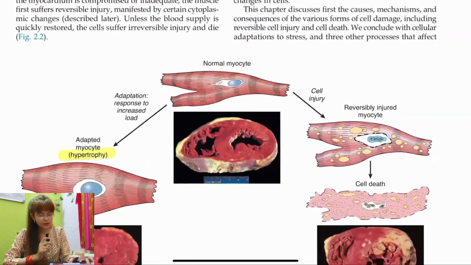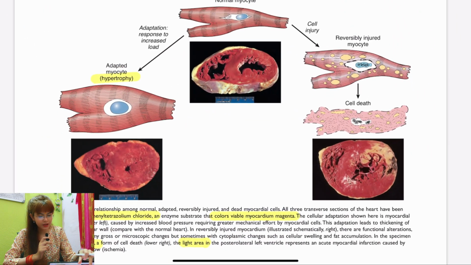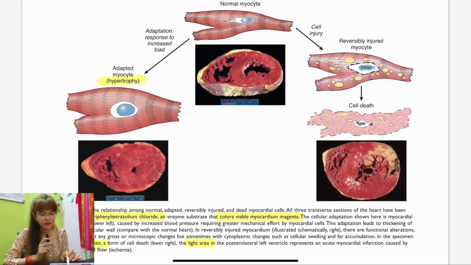If you see this diagram, you will understand that when there is an adaptation, the cell is undergoing hypertrophy. The transverse sections of the heart are stained with triphenyl tetrazolium chloride, an enzyme substrate that colors the viable myocardium magenta. So the cells are still very much viable, and that is why this is magenta colored.